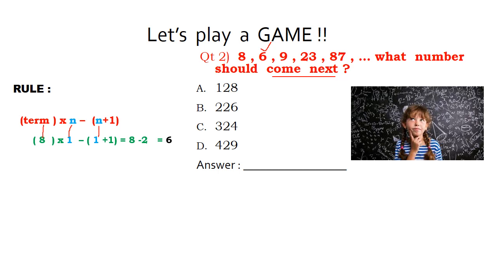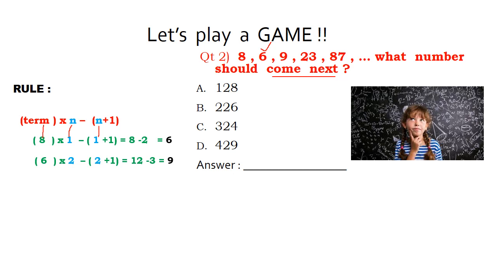Now same as apply to the next number, 6. After 8 we take the second term, that is 6, into the natural number 2, minus n value 2 plus 1 as it is. Therefore you multiply 6 into 2, 6 twos are 12, minus 2 plus 1 is nothing but 3. Therefore 12 minus 3, the result is 9.